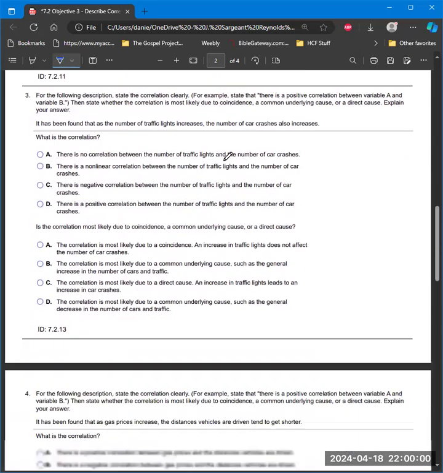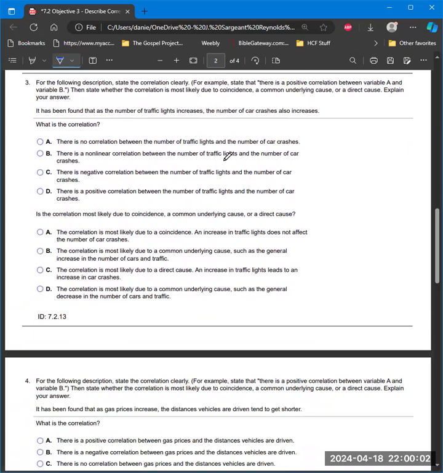Now let's look at number 3, same instructions as before. It has been found that as the number of traffic lights increases, the number of car crashes also increases. So they're saying that there is a positive correlation between the number of traffic lights and the number of car crashes.